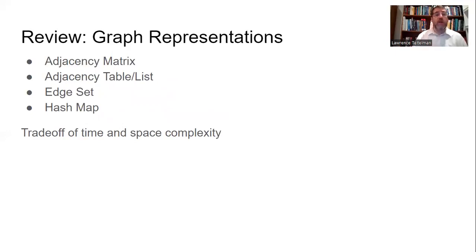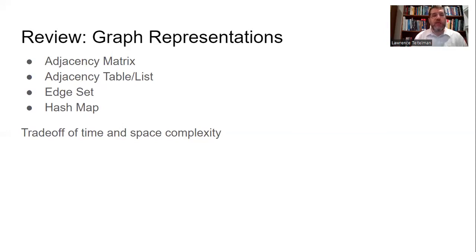We had 4 representations of graphs: the adjacency matrix, which is a V by V matrix, which has a 1 to indicate that the edge between I and J exists, a 0 otherwise. We have the adjacency table, which is a list of all the vertices, and for each vertex, a list, generally a linked list, of the neighbors.